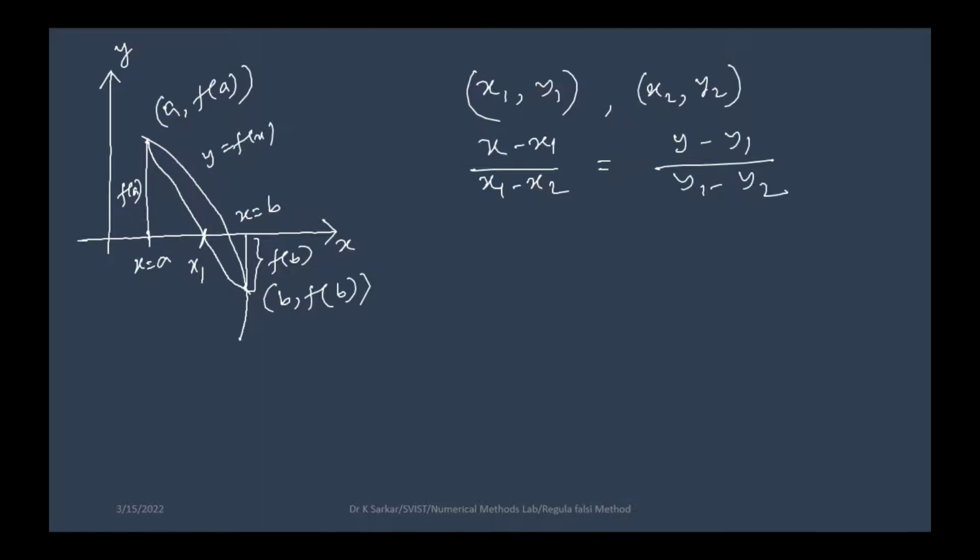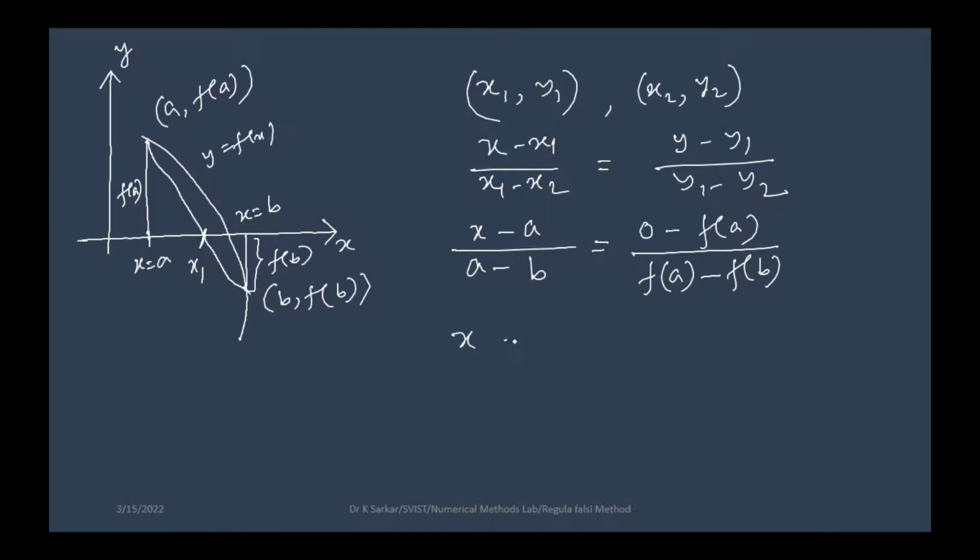Now let us substitute these values. x1 is a and x2 is b, y is 0 at this point, y1 is f(a) and y2 is f(b).